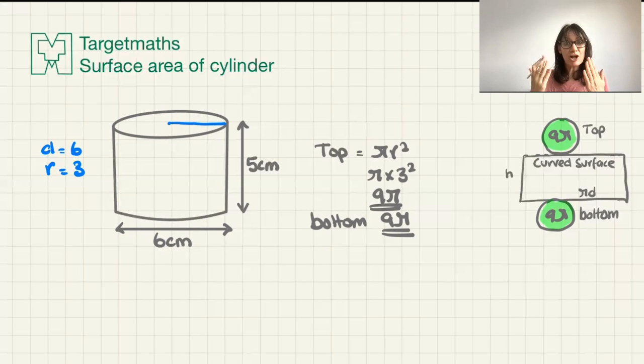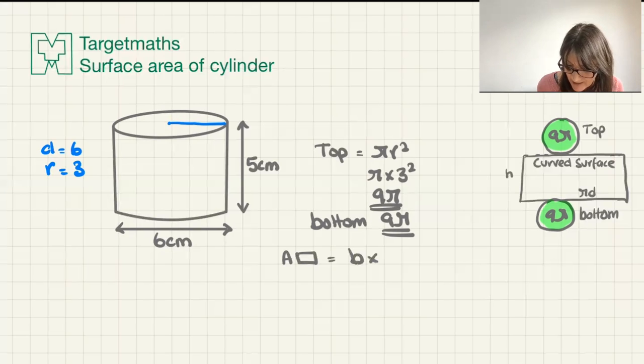Now we're on to our curved surface. It's a rectangle. So I know that the area of a rectangle is base times height. If I go over to my net now, I can see that the base is pi d. So I need to do pi d times the height.